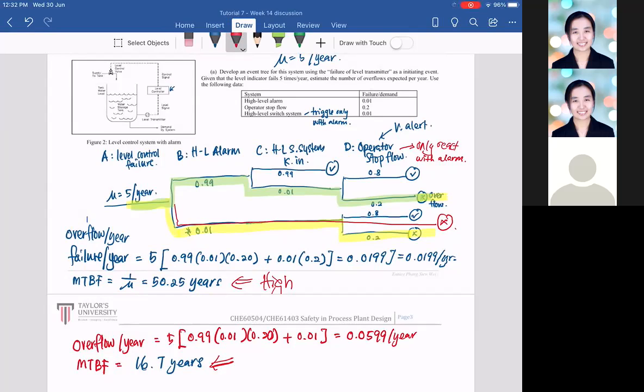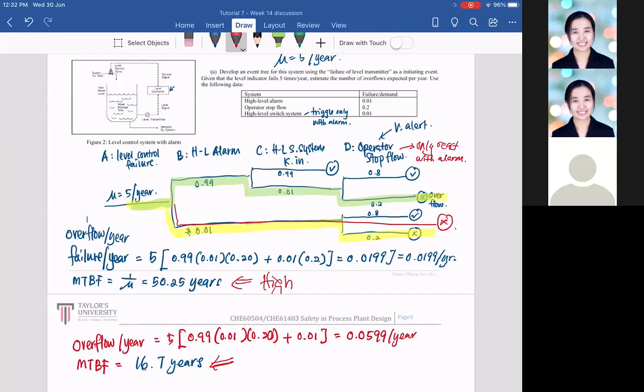So how do we improve this? If we want to further increase this once in 50 years incident to once in 100 or 200 years, we can, just by putting up more trigger systems, or even as simple as splitting up the system.